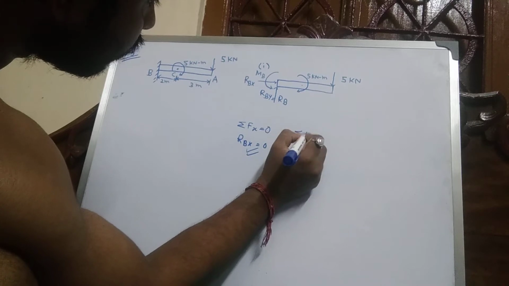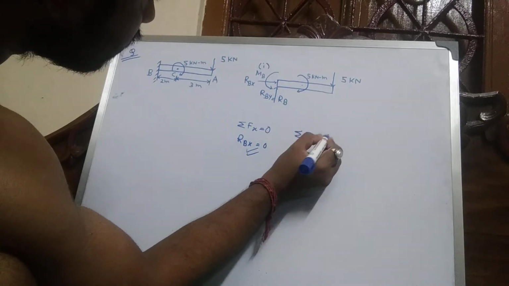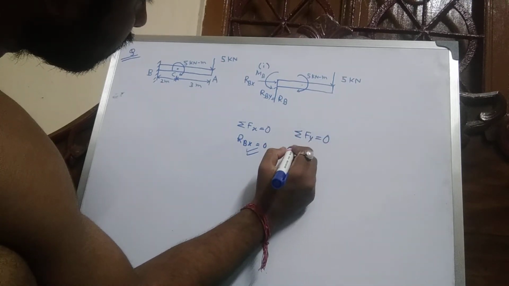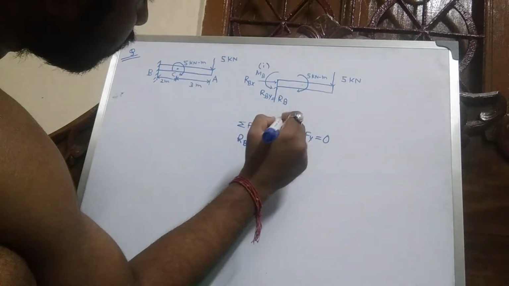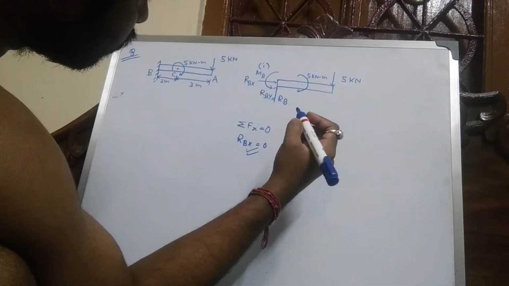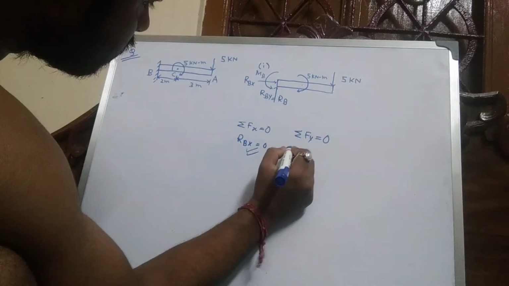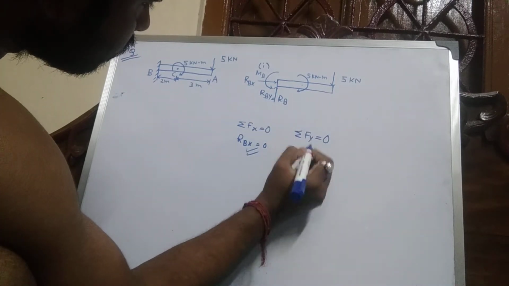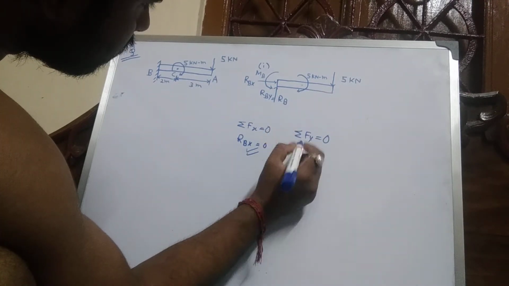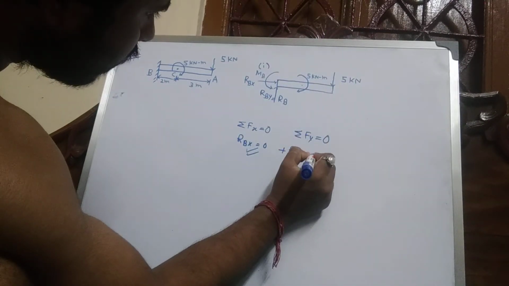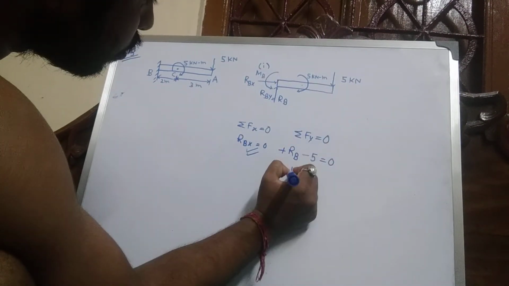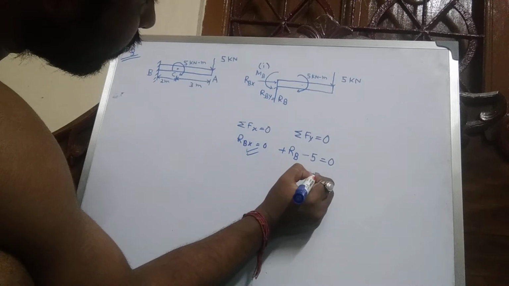And summation of Fy equal to 0, static equilibrium condition. We assume upward force is positive, Rb equal to positive Rb, and downward is 5, equal to 0, so Rb equal to 5 kilonewton.